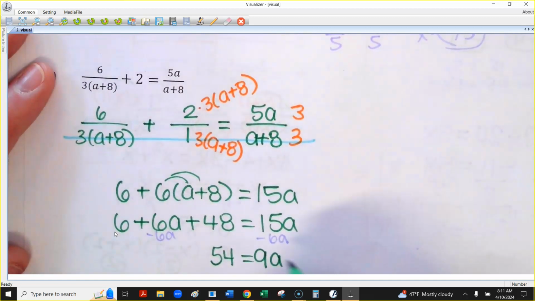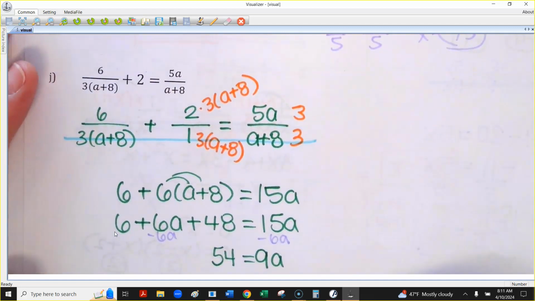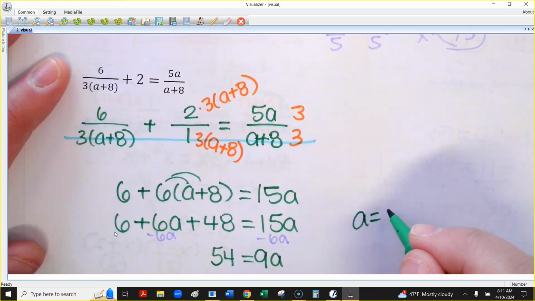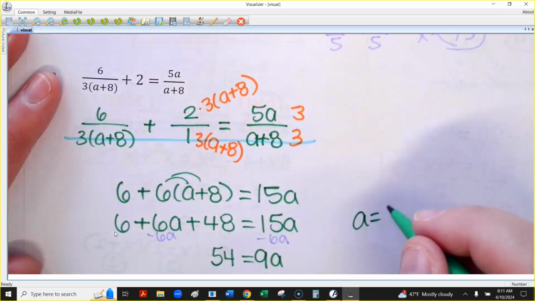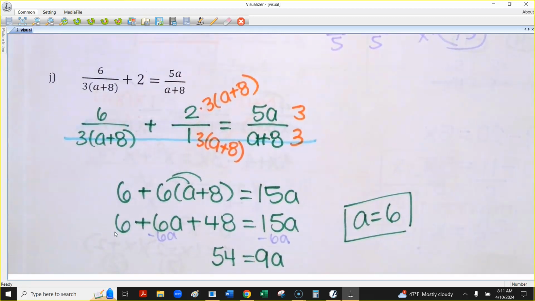I'm dividing both sides by 9. What's a going to be here? 6, right? 54 divided by 9 is 6. Not going to cause you a problem. I never have anything that would be 6 causing the denominator to be 0.